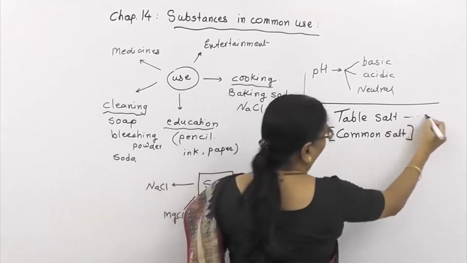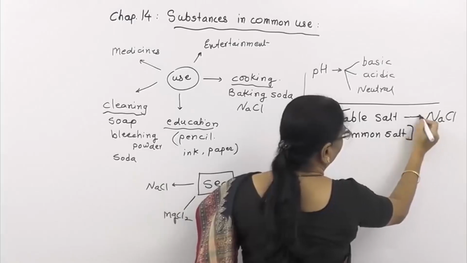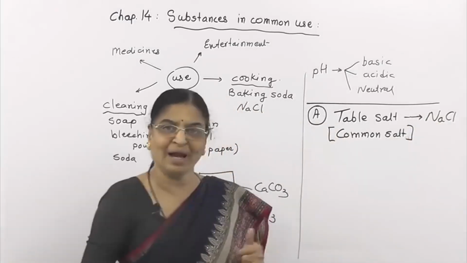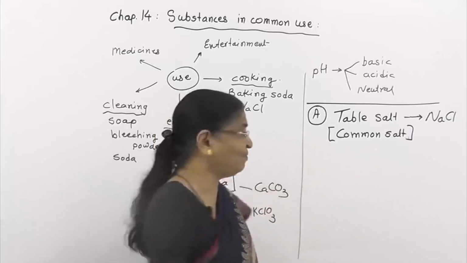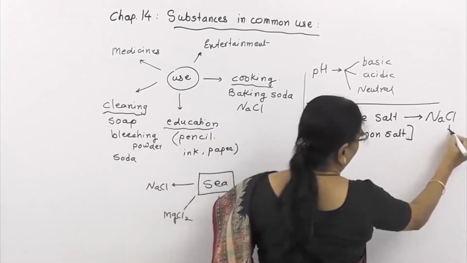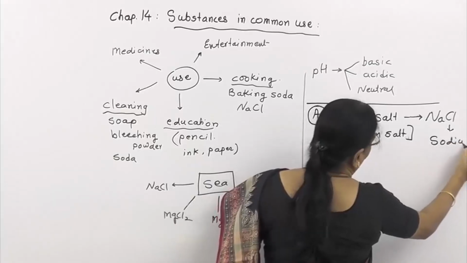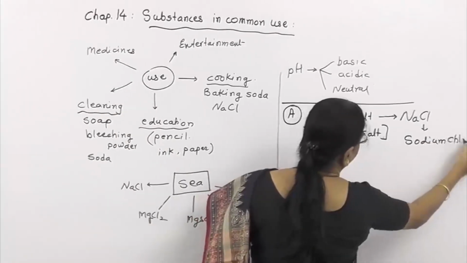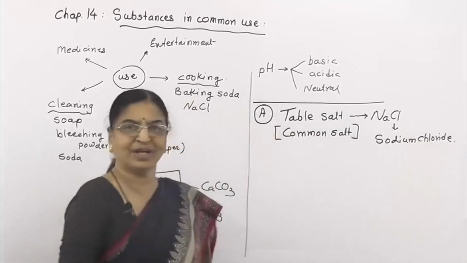The chemical formula is NaCl. Okay, so this is the chemical formula. According to the chemical formula, what must be its chemical name? So the chemical name is sodium chloride. So this is our first salt which we are going to study.